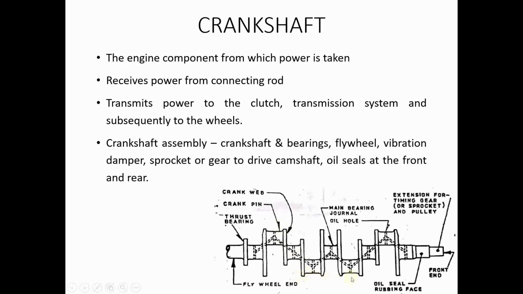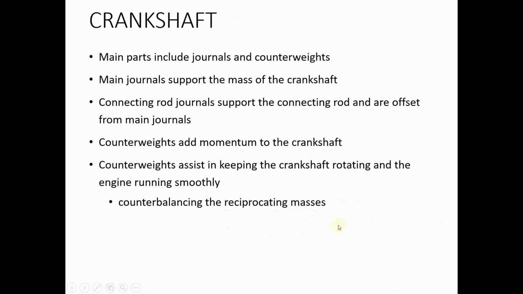We also have certain counterweights that are attached in order to balance the unbalanced forces during the rotation of the crankshaft. So the main parts include the journals, that is the main journal bearings, and the counterweights.